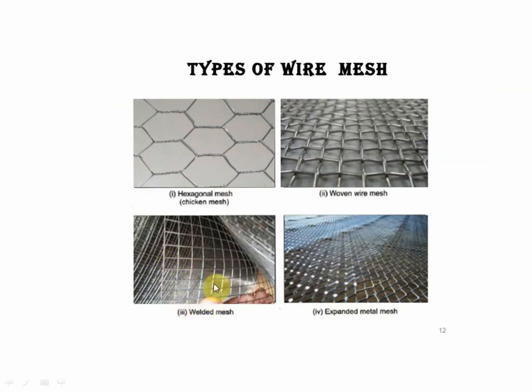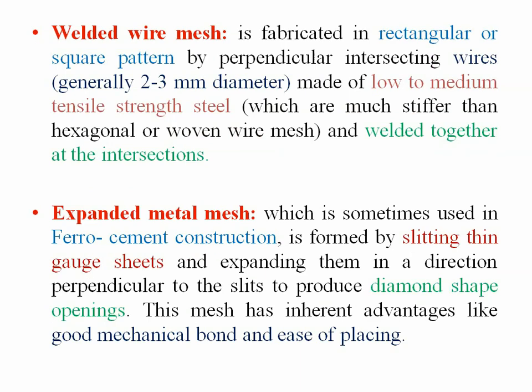Here you can see this welded mesh is either rectangular or square, made up of 2 to 3 mm diameter wires of low to medium tensile strength, which are much stiffer than the hexagonal or woven mesh, as these are welded together at the intersections.